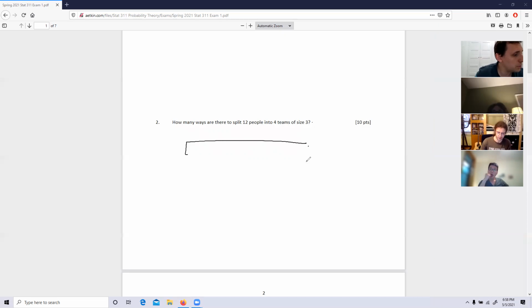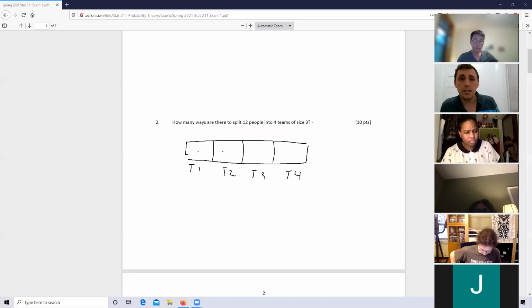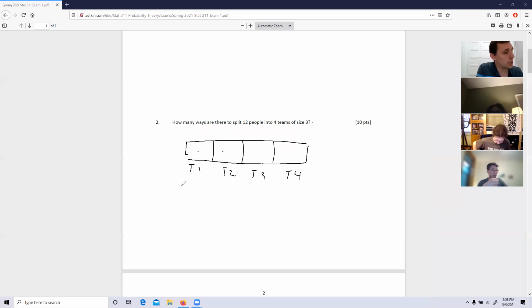So here are the 4 teams. So this is team 1, team 2, team 3, team 4. So the T1, T2, T3, T4 are my labels. Yes. So that means that what I should have is 12 choose 3, 9 choose 3, 6 choose 3, 3 choose 3.